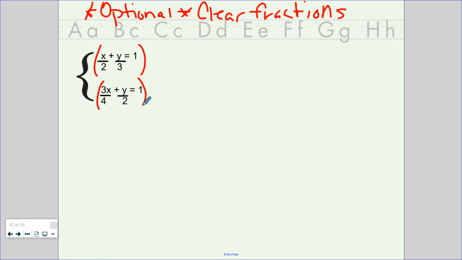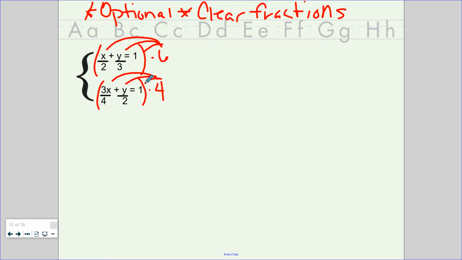So that top equation, if I have a 2 and a 3, the least common denominator is 6, because 6 is the smallest number that 2 and 3 both divide evenly into. Same thing with the bottom equation. Least common denominator is going to be a 4 there, because that's the smallest number that 4 and 2 both divide evenly into. Now we distribute it in to all three parts of our equations.